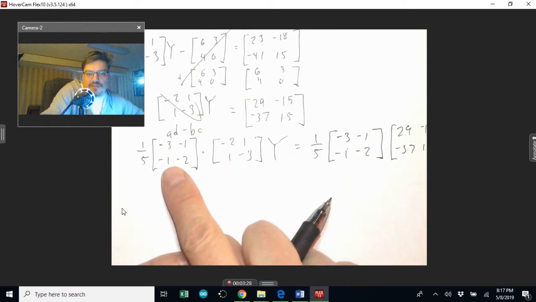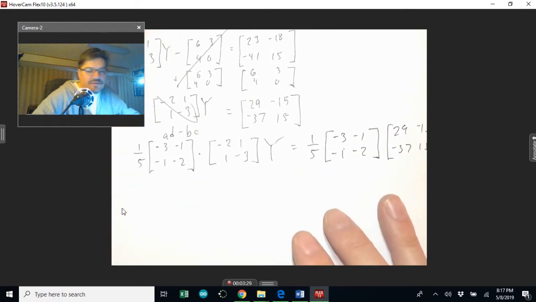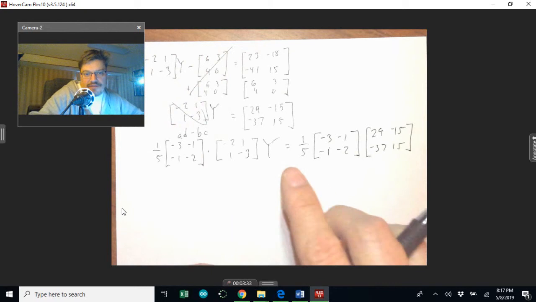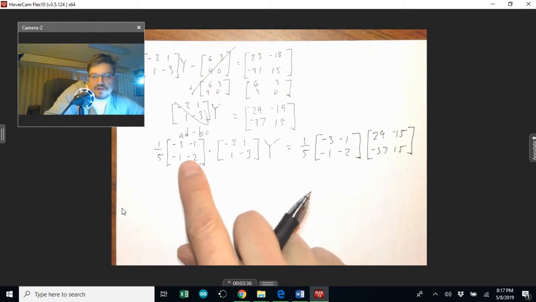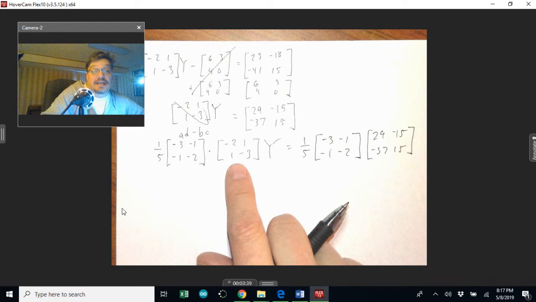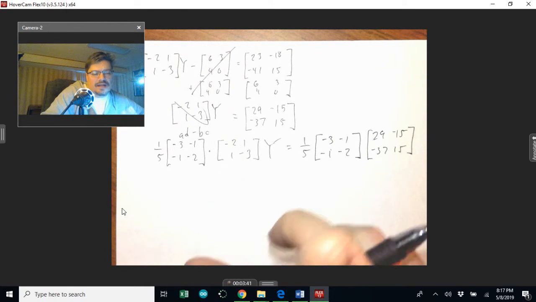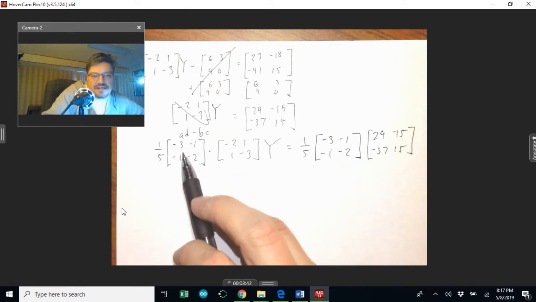Notice that I multiplied both sides by this. Now you do not have to write this out, because if I were to multiply this right here, I'm going to get the identity matrix. I just want to verify that with you for just a second.